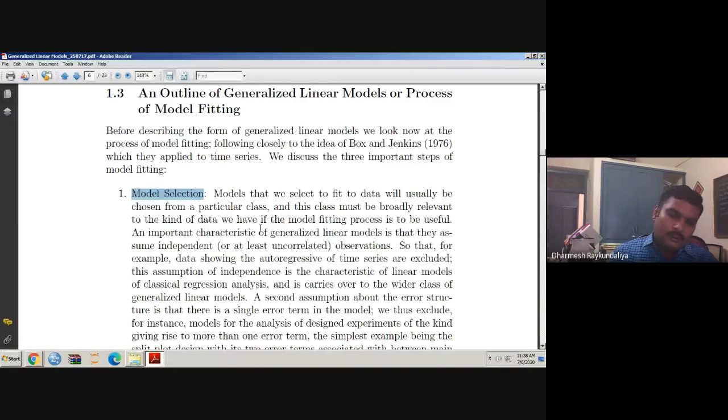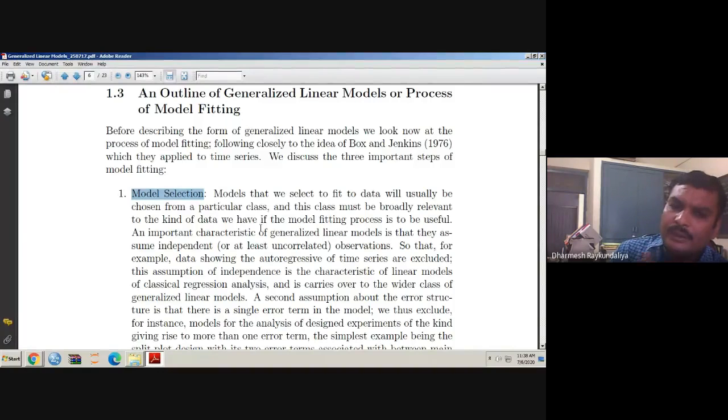For example, we are selecting linear models. A linear model is a class of models, and from that we select the model. But if the relation between y and x is curved in nature, nonlinear, and we apply a simple linear model, then perhaps we are making a mistake. So we have to select the model from a specific class which is also relevant to the data. That means if the relation between y and x is linear, then we talk about the linear model. If it is a nonlinear regression, then we talk about the nonlinear model, something like that.